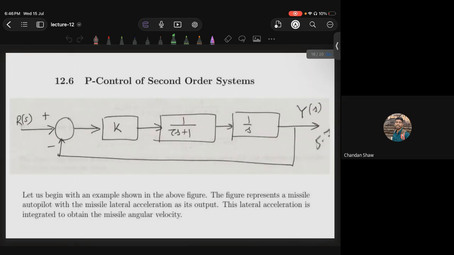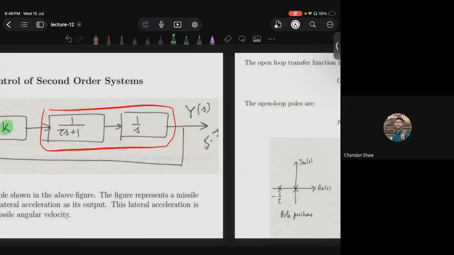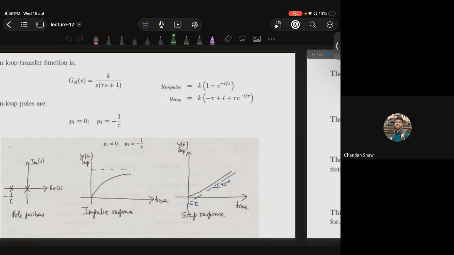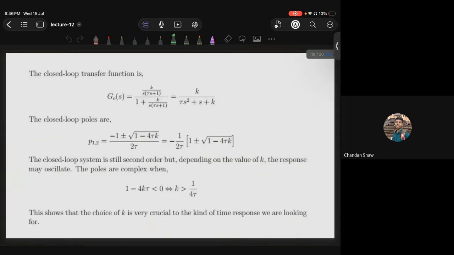You can consider the second order system also. Okay. Now your plant is this. You'll have one pole at 0, another pole at s equal to minus 1 by tau. So same thing, this is your controller K, proportional controller only. Same process. So this is your closed loop transfer function.